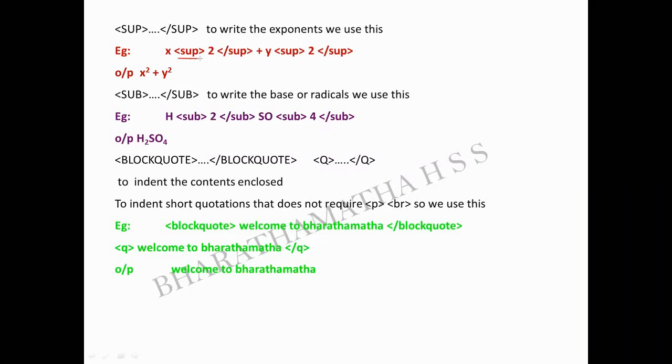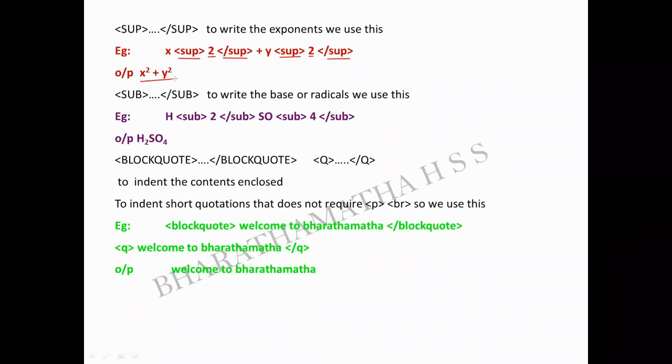I have given the value and then I have closed the superscript tag. Then plus y I have written, I want to write it as y squared, so I have used the superscript tag sup. The value I have given, I have closed my superscript tag. So now I'll get the output as x squared plus y squared. All these kinds of questions you will get for 2 marks.